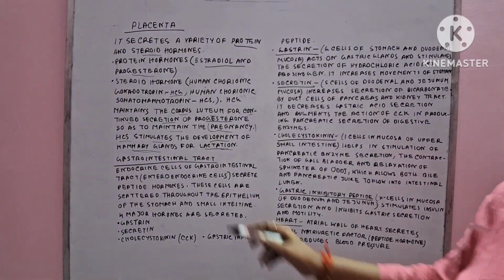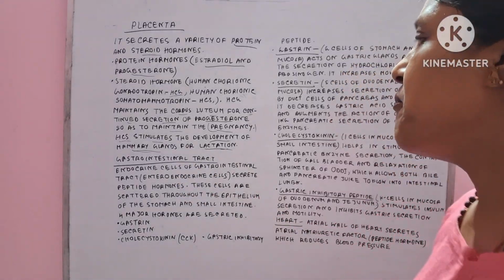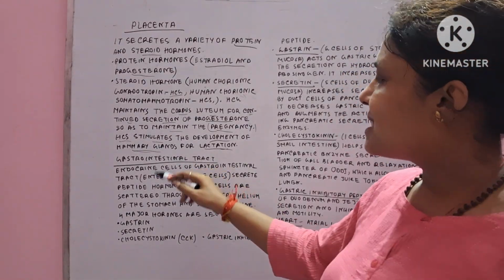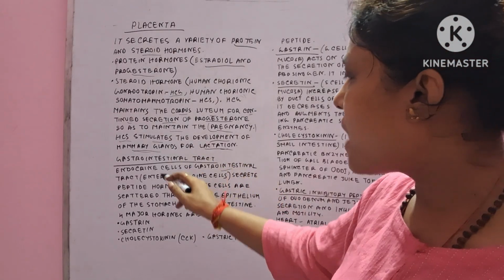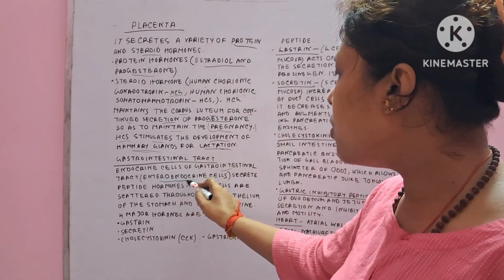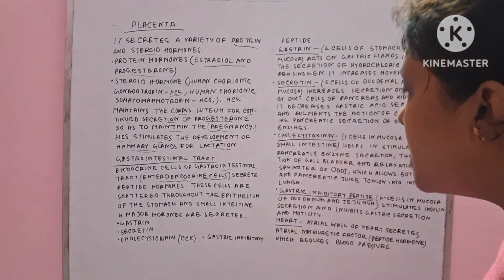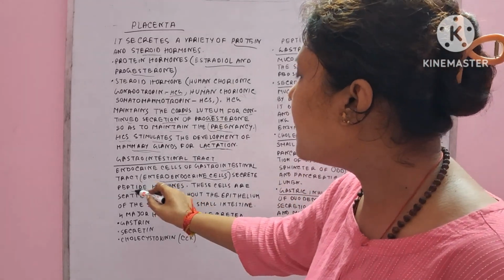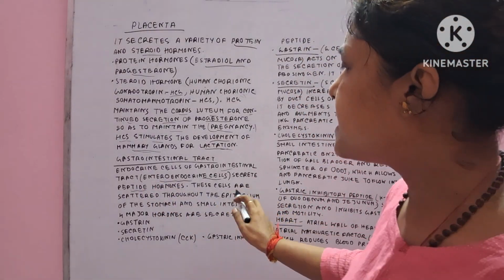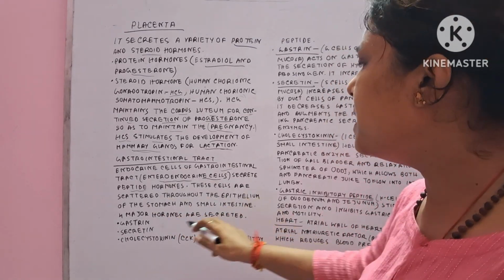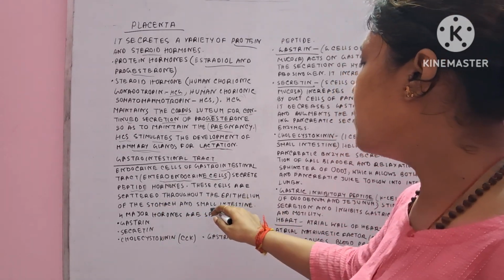Next one is the gastrointestinal tract. The endocrine cells of the gastrointestinal tract are known as the enteroendocrine cells. These secrete peptide hormones or protein hormones. These cells are scattered throughout the epithelium of the stomach and the small intestine.